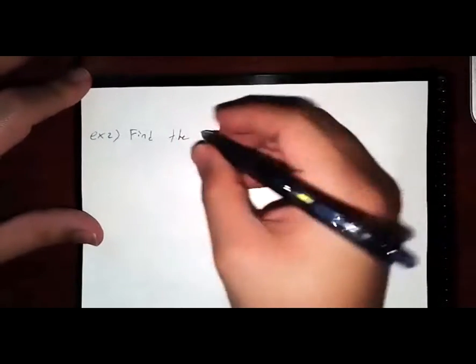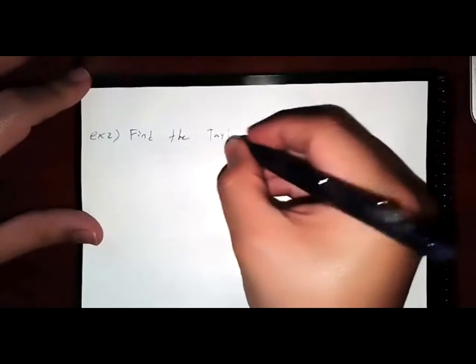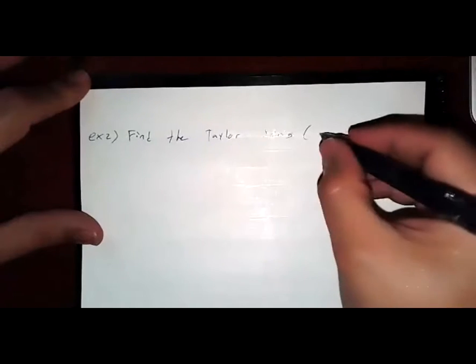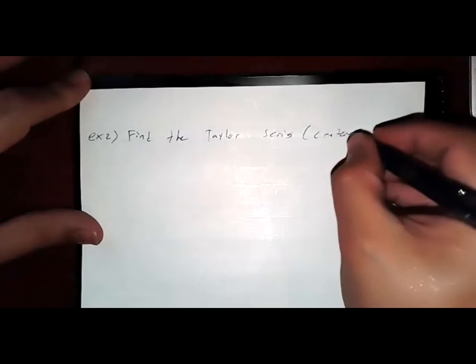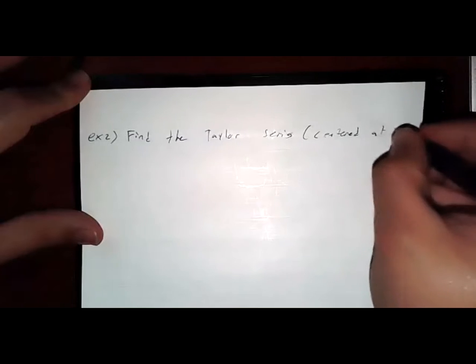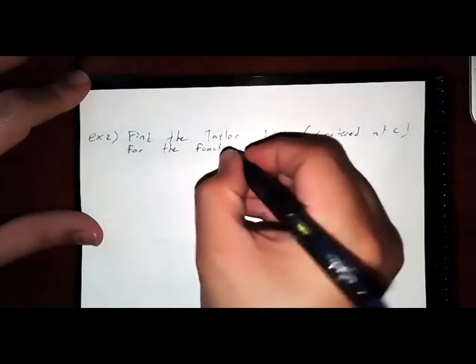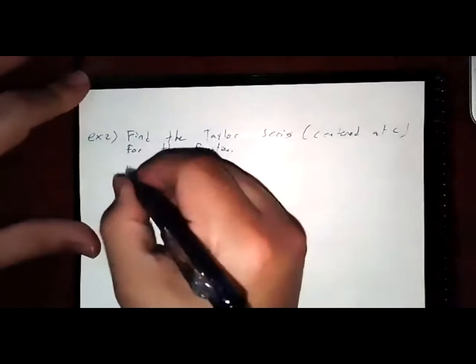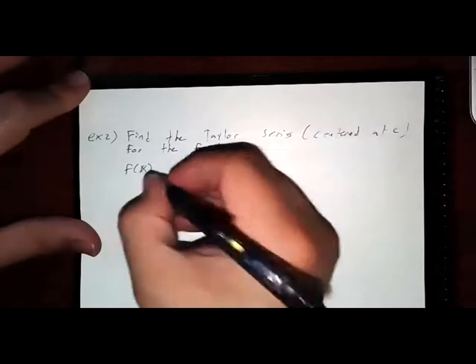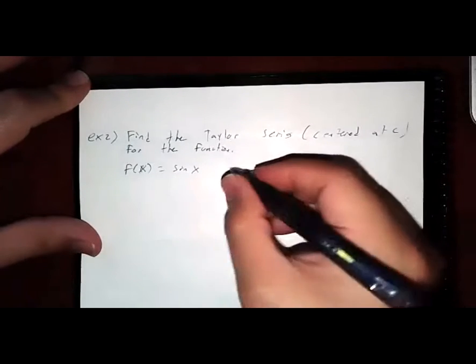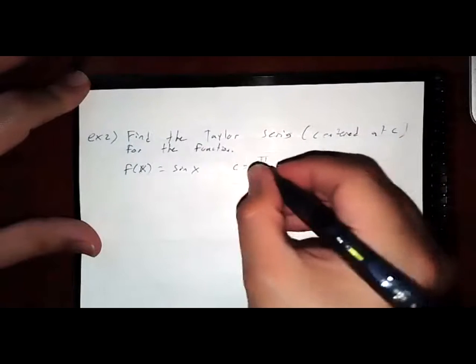Find the Taylor series centered at c for the function f of x equals sine x, where c is pi over 2.